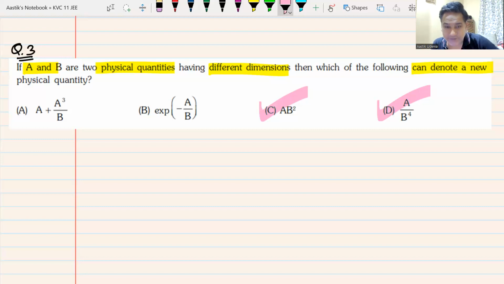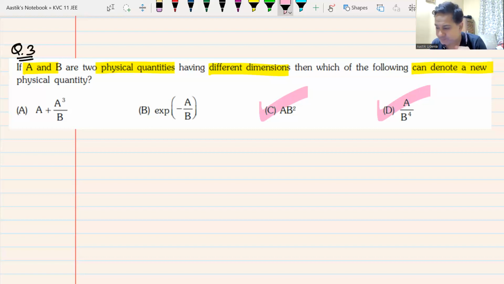A and B are different, but does that mean that A cube by B cannot be same as A? Yes or no? A cube by B can be same as A. Yes or no?